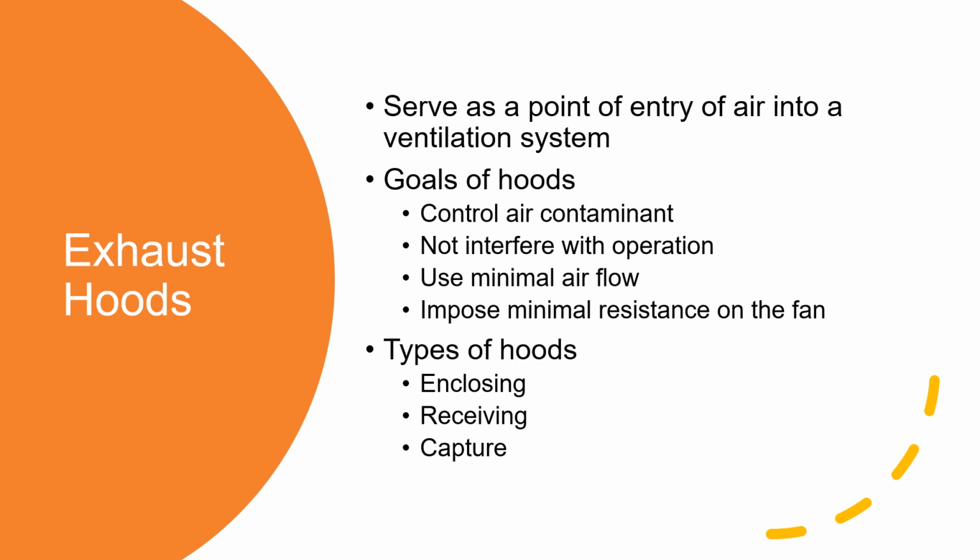So the three main types of hoods are enclosing hoods, in which the contaminated air source is already inside the hood; receiving hoods, which use a natural motion of contaminated air into the hood; and then capture hoods, in which the source of contaminated air is outside the hood, and the natural motion is not into the hood, unlike with receiving hoods.